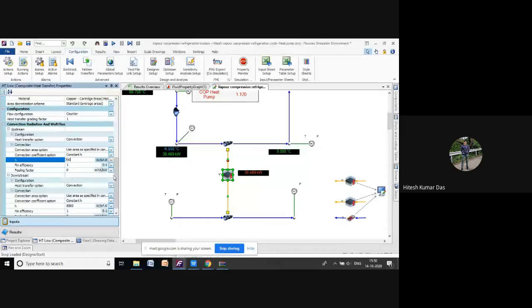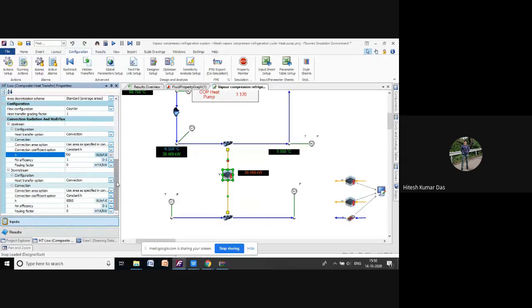Fin efficiency 1 means it is 100% efficient, working 100% for upstream. For downstream, the heat transfer option is also convection, and the convection coefficient we have assigned as 8560 watt per meter square Kelvin. Fin efficiency is also assigned as 1.